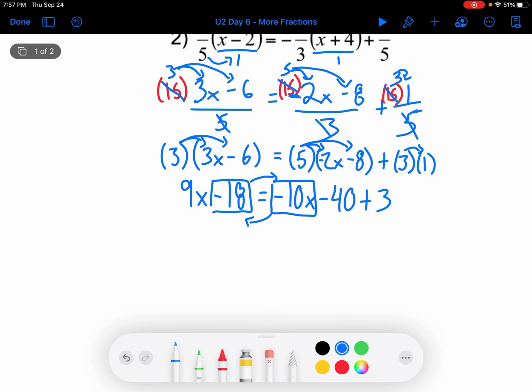So we're going to have 9 plus 10 is 19x, and then negative 40 plus 3 is negative 37, and negative 37 plus 18 is negative 27, and then negative 19. So we're going to have negative 19, and then all we have to do is divide, and we get negative 1, because negative 19 divided by 19 is negative 1.